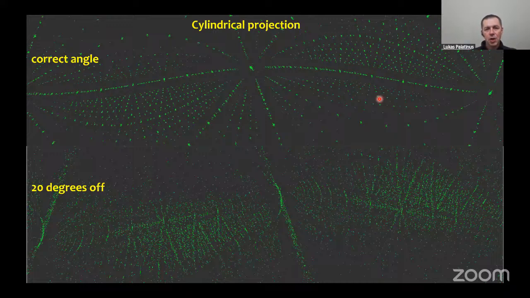And if the points form a lattice, they project in this nice array of spots that form these nice sinusoidal lines. If you are off, like in this bottom image, that's 20 degrees off, then you see that the cylindrical projection is less sharp, and you can clearly see the result. So that's the basis of the refinement of the tilt axis. It can be done even without knowing anything else about the data.